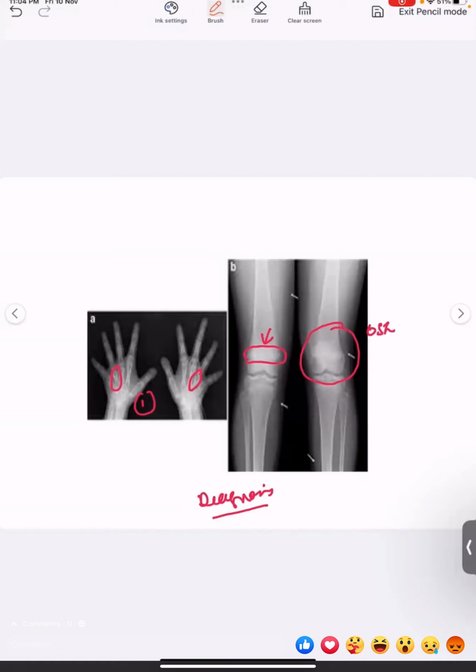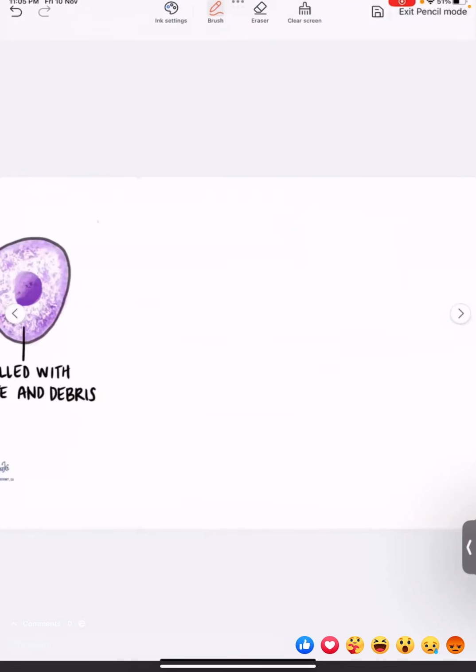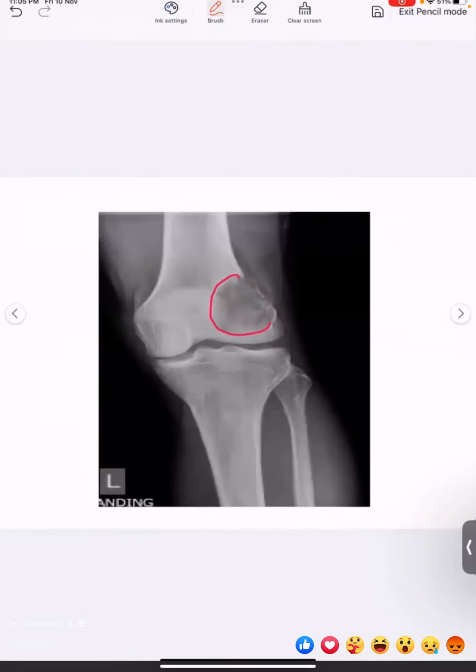So in case of pseudohypoparathyroidism, you do not have osteolytic lesions, rather you have these osteoclastic hyperdense areas which you see in the bone X-rays, and you have short fourth metacarpal bone seen on the X-ray of the hands.